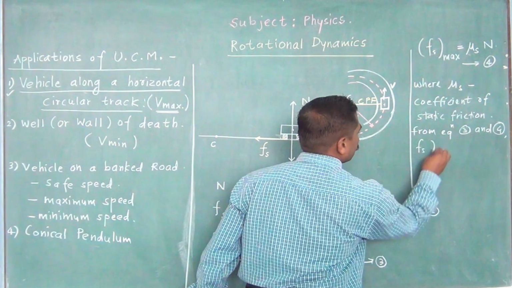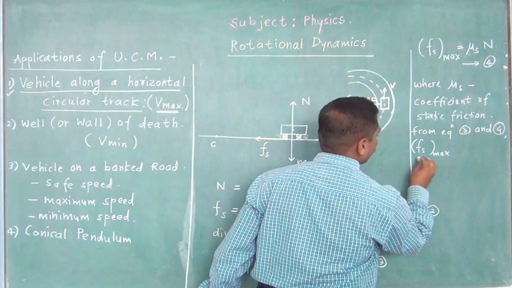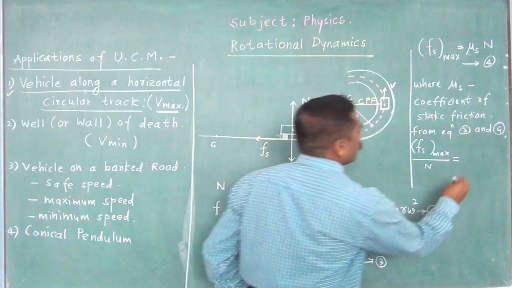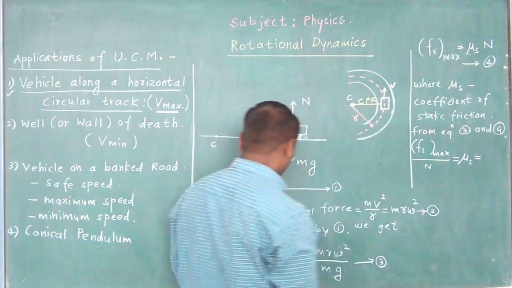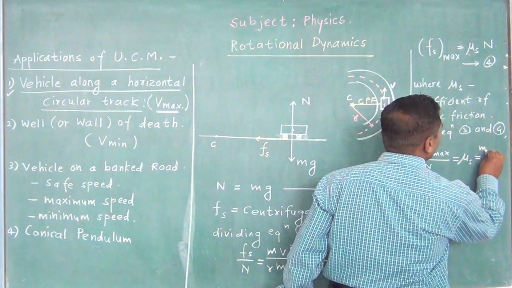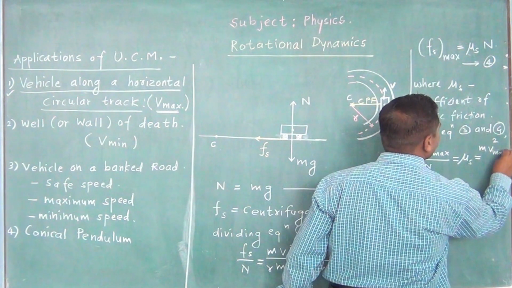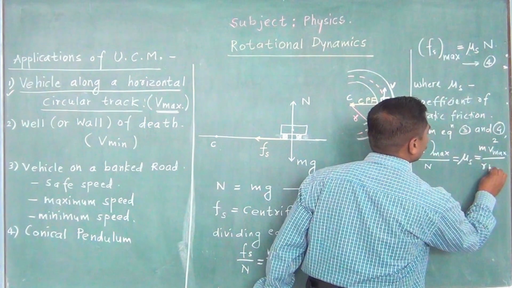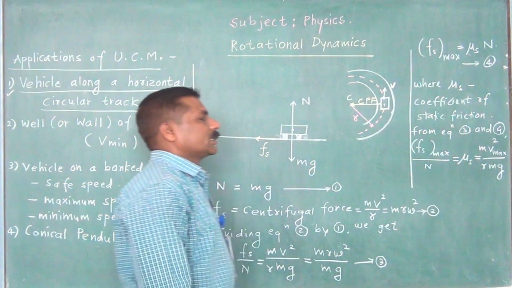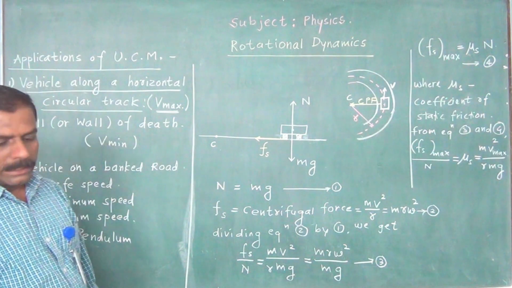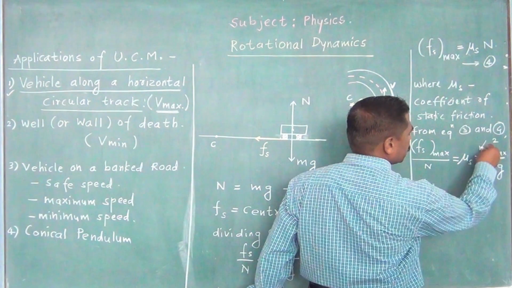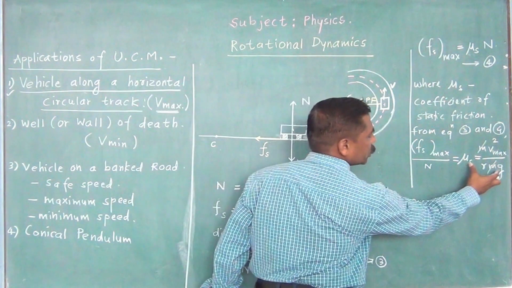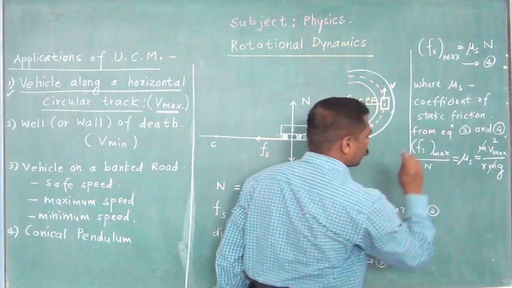Fs max divided by n, which is equal to mu s, which is equal to m v square max divided by r into mg. Now easily we can cancel this m with this m, and if we take the cross multiplication of these two, you can easily find the value.